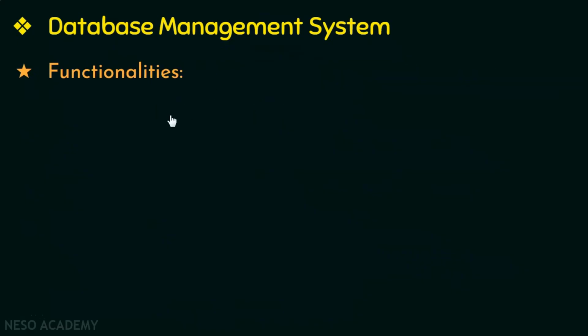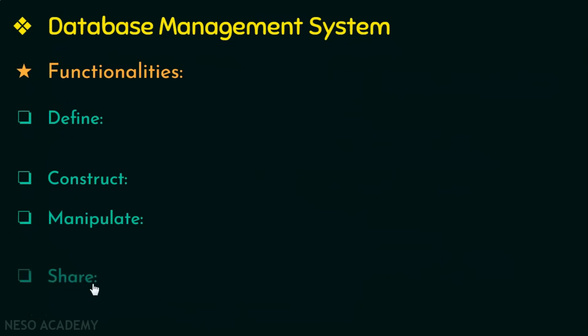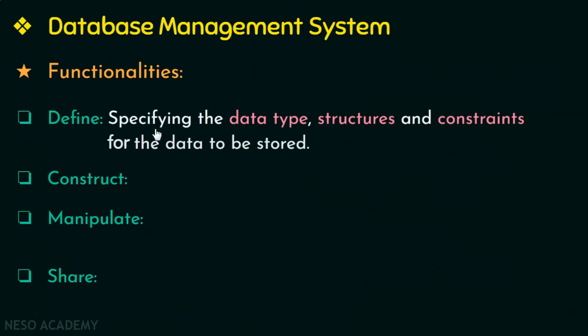Now let's move on to the functionalities of database management system. Database management system allows users to define the database, to construct the database, manipulate and share the database. Now, defining the database involves specifying the data type for the data that we are going to store in the database, also specifying the structures and constraints for the data.